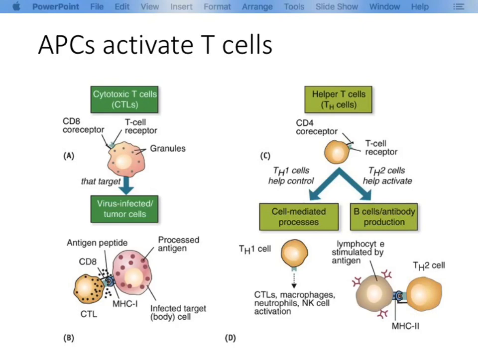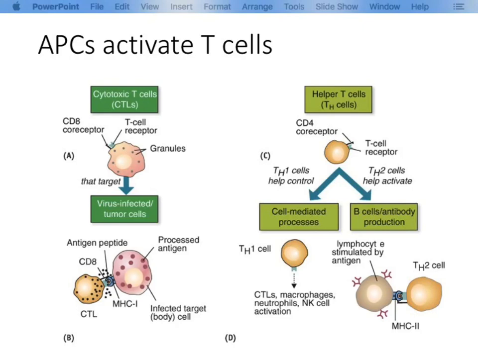The major role of the T helper is once it has been activated by a macrophage, once it has received cytokines from a macrophage telling it to start to create this immune response, the T helper cell will begin to activate CTLs, macrophages, neutrophils, NK cells. And the way that it does this is T helper cells start to secrete cytokines.